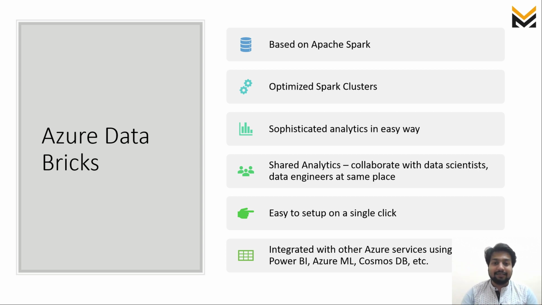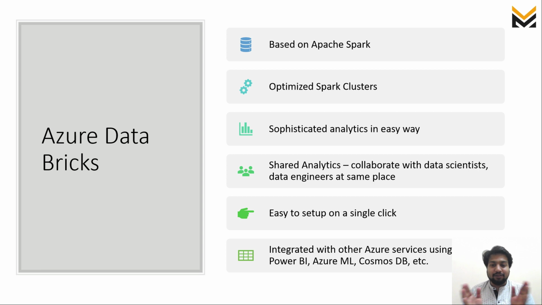The next thing is it can be integrated with different services provided by Azure with the help of the CDM model. I will be covering the CDM model, or the common data model, in the next video, so do watch that to learn how the CDM works.